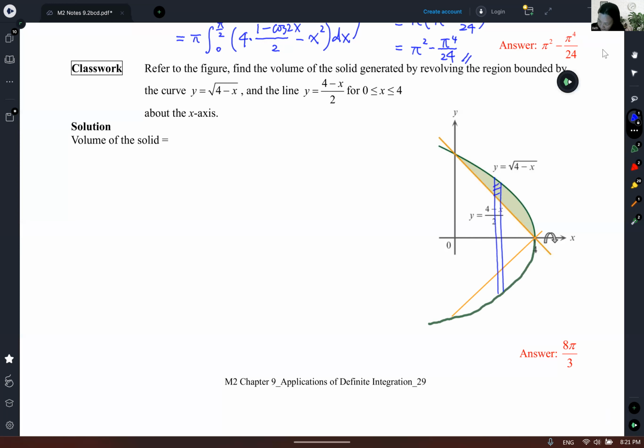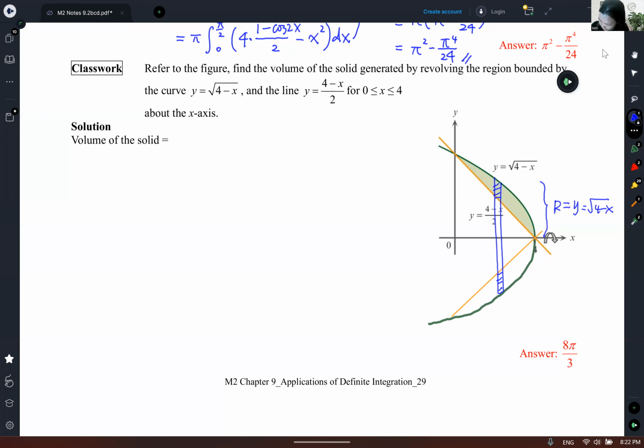Just this piece. This is a ring. So the bigger R is y equal to this.